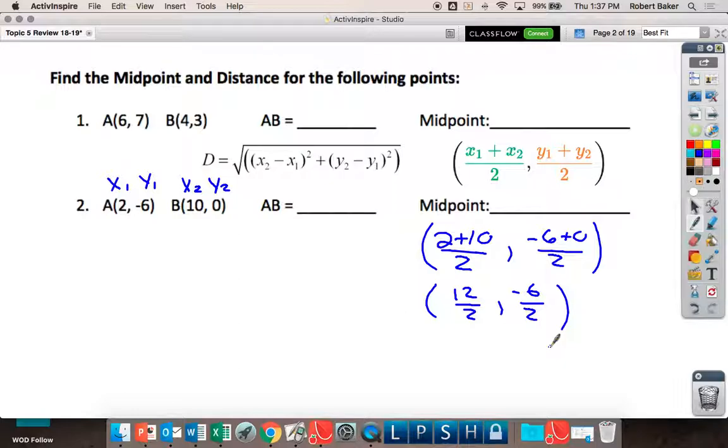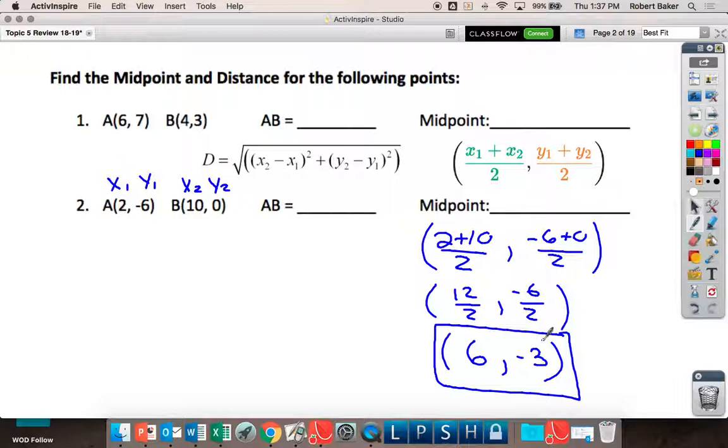Can you do 12 divided by 2? Yes, 12 divided by 2 is 6. Can you do negative 6 divided by 2? Yes, negative 3. So this is your answer for midpoint. Nothing super crazy. Your calculator will do that, and I will give you the formula for the test.